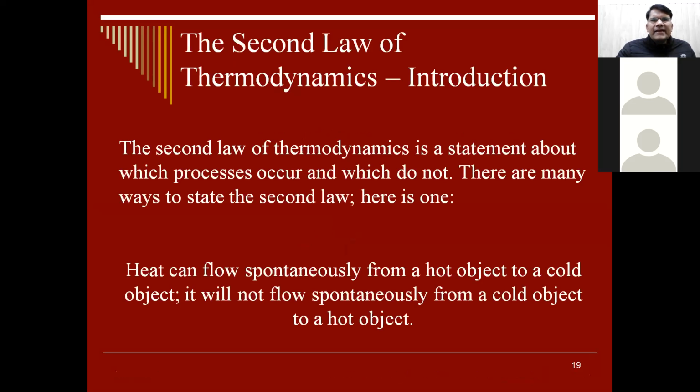Now come to the second law of thermodynamics. The second law is a statement about which processes occur and which do not occur, because the first law was silent on whether a process will occur or not. In the second law, we will learn why certain processes can occur, whereas other processes do not. There are many ways to state the second law. One way is that heat can flow spontaneously from a hot object to a cold object, but it will not flow spontaneously from a cold object to a hot object.